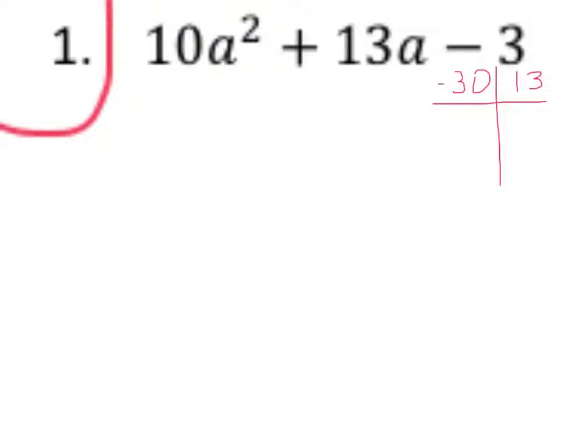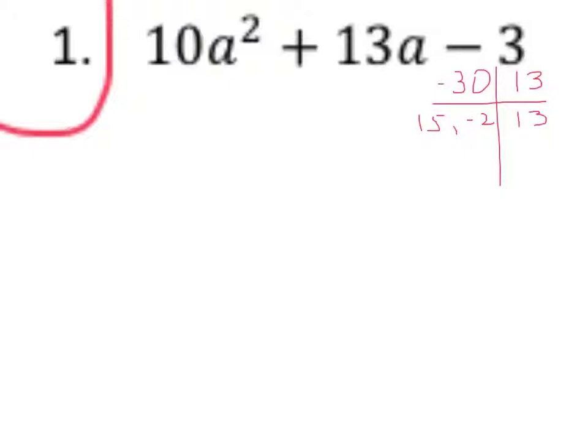And we need numbers that multiply to give us negative 30 and add to give us 13. So let's do 15 and negative 2, and when they add together they give us 13.